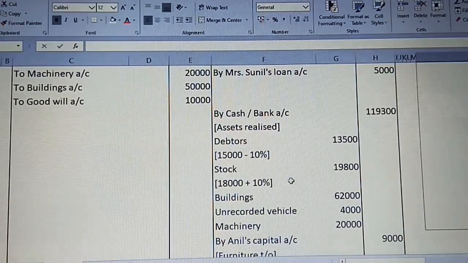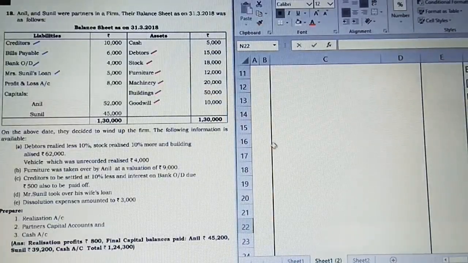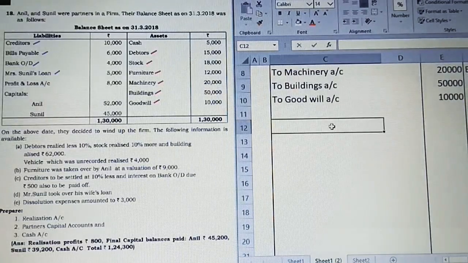If there is no value for the goodwill, do you think that any people are going to purchase it or they are going to take it? No, it's not possible. So just assume it has been valueless. Clear? Okay, now we have completed with the complete assets.